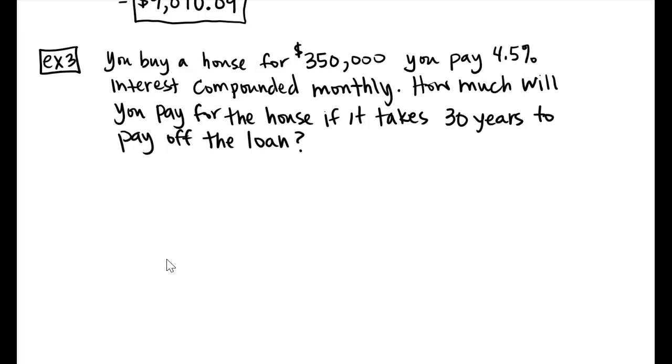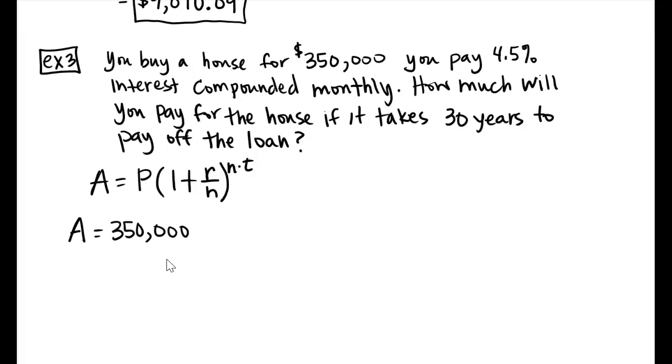All right, so again we're going to use that same formula, A equals P times 1 plus R over N raised to the N times T power. Our principal this time is the price that we're paying for the home. So A equals 350,000 times 1 plus our interest rate.